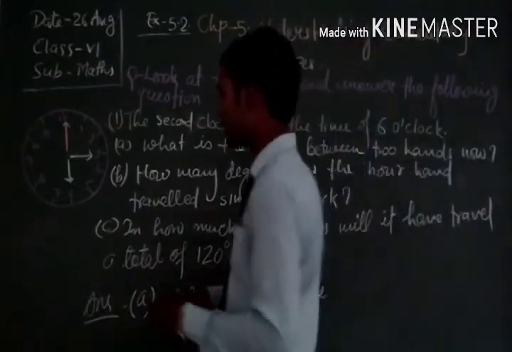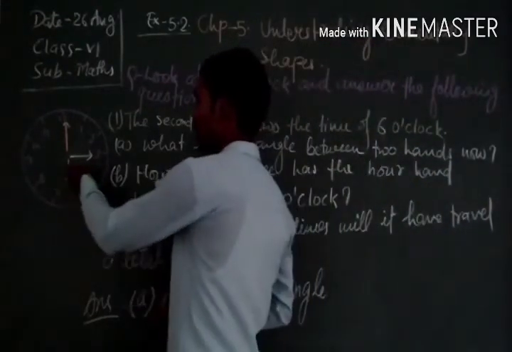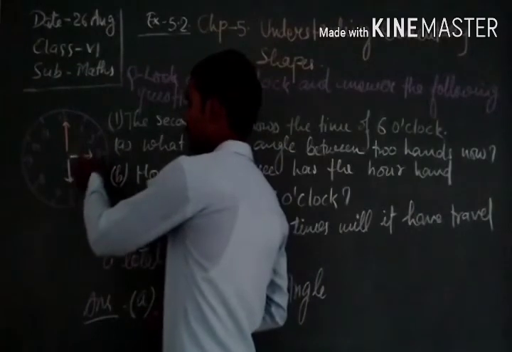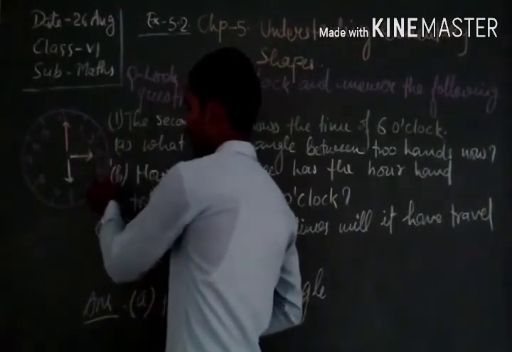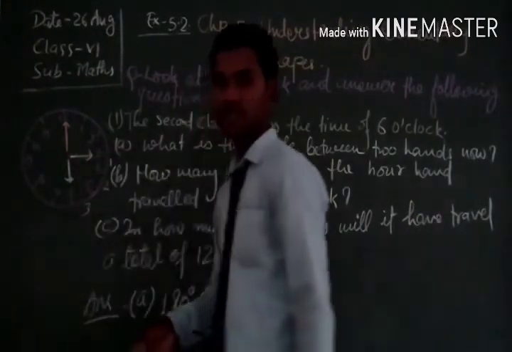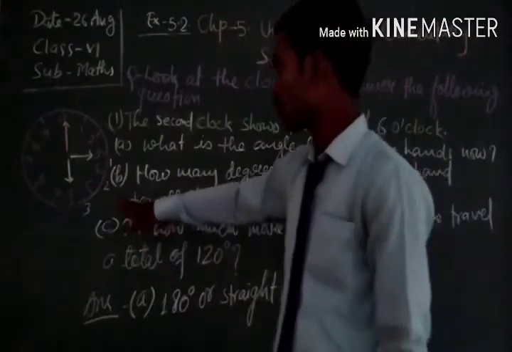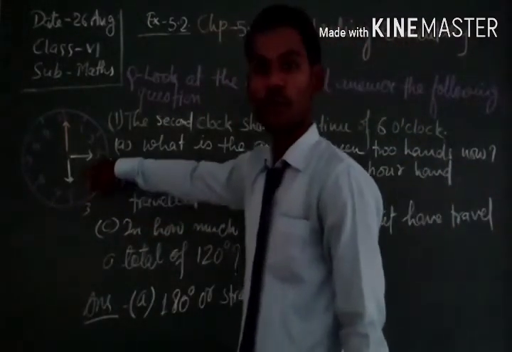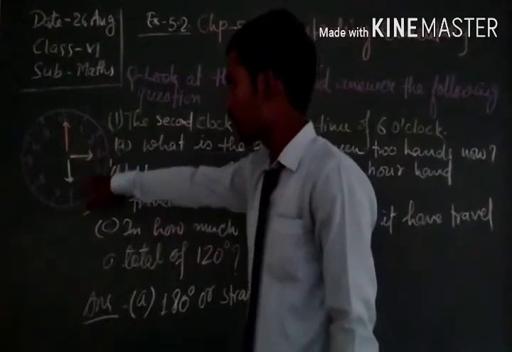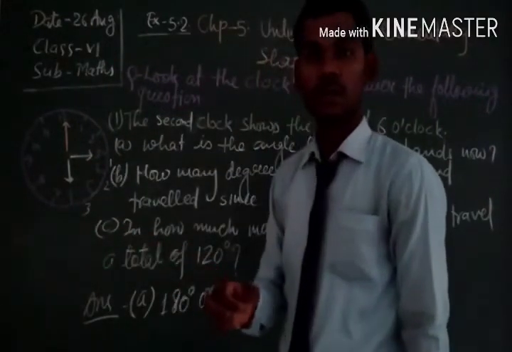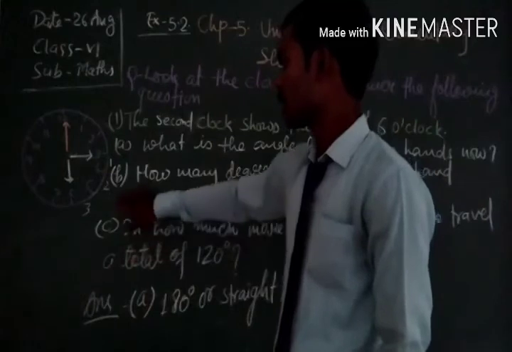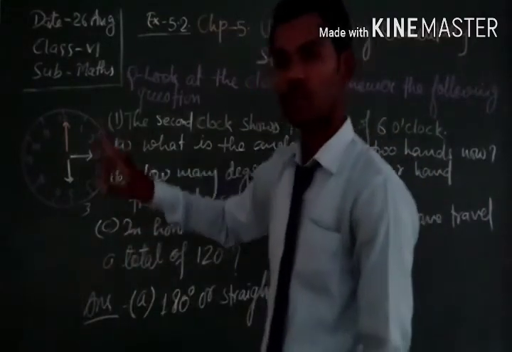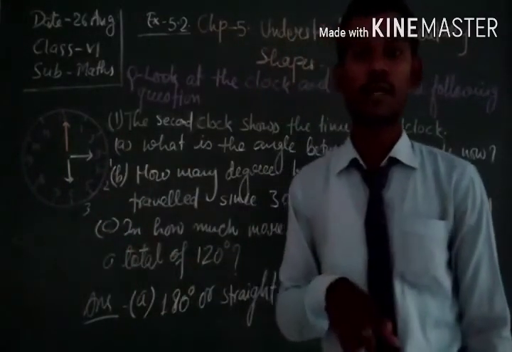So here we can see that when the hour hand moves from 3 to 6, it crosses 1, 2, 3 parts, and the angle for one part is 30 degrees.